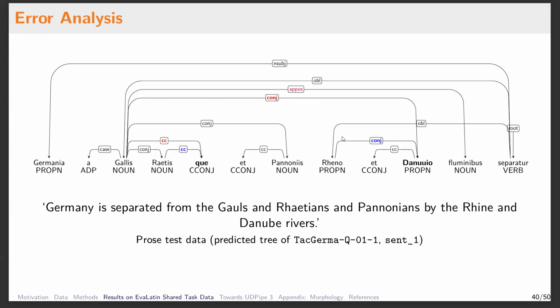One example, this is a predicted tree. Actually, it's the first sentence of the prose text. And you have here the annotation predicted when the model is trained with harmonized Proiel, which is in blue, and in red, the annotation predicted with original Proiel. So where do we see differences? Mostly in coordination.